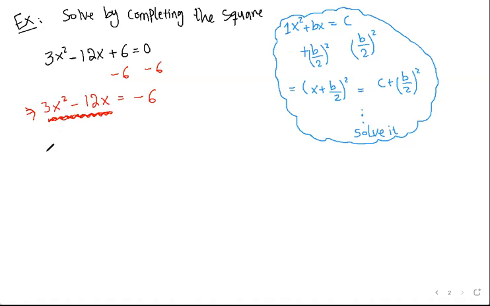What is the greatest common factor for these two terms? The greatest common factor for both of these two terms is 3. Okay? And what about the rest? I open parentheses. I mean the greatest common factor for the coefficients only.